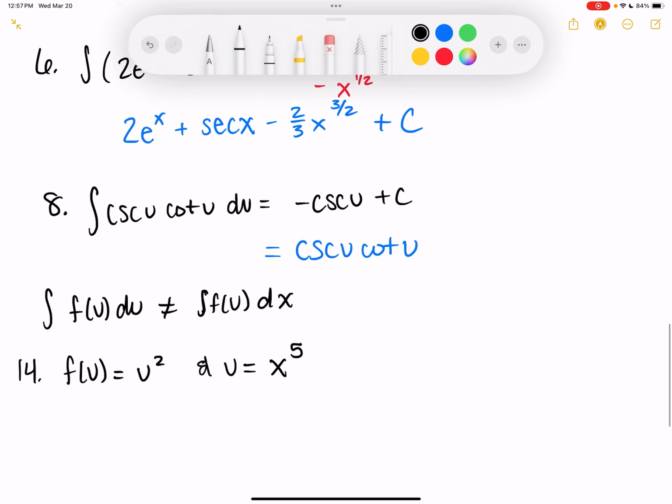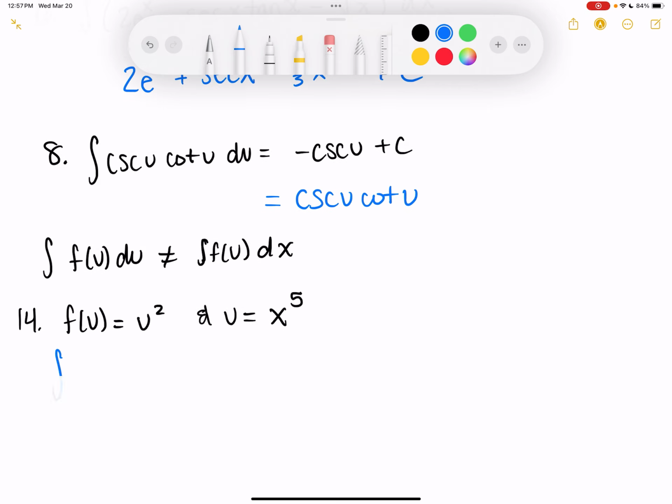Okay, so what is the integral of u squared du? 1/3 u cubed plus c.